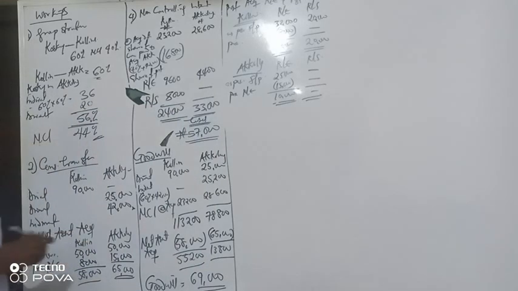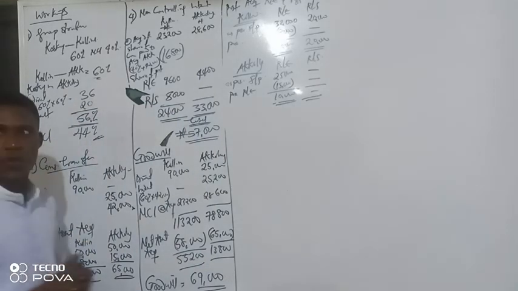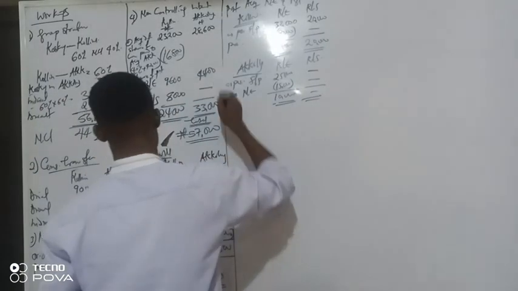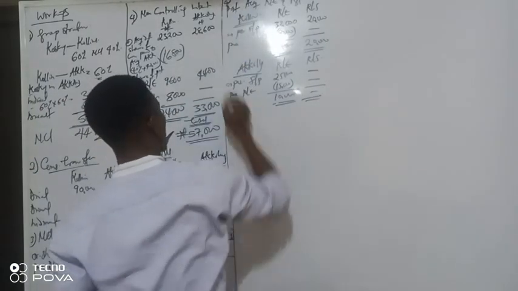So the final step now is to calculate the consolidated retained earnings of the parent. This is number 6 and number 7.